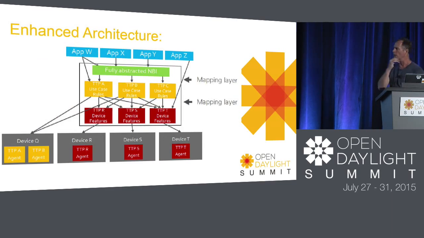So we moved to a new model, and this was partly driven by that Broadcom TTP that's really rich, and now we've seen some use cases developed above that where we have a more abstract TTP. Essentially this picture is, let's make the device support only the TTP that describes that device. So the Broadcom device only has to support one really powerful TTP, and we can do the mapping between a use case TTP and a device TTP in the controller.